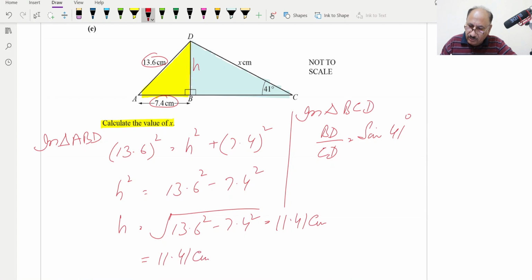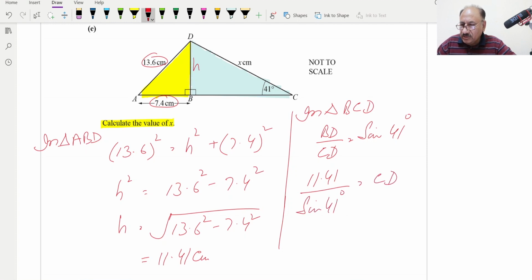I will shift over here and extend this line. So BD we got 11.41, and over sine of 41 degrees will be equal to CD.